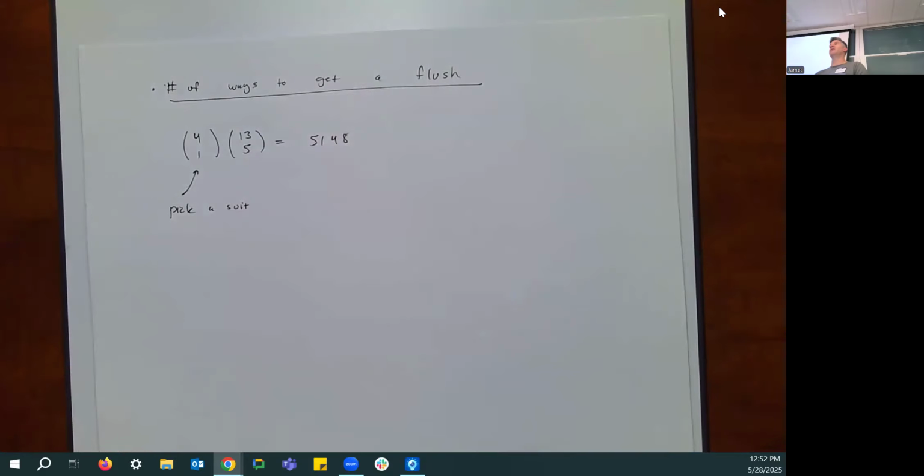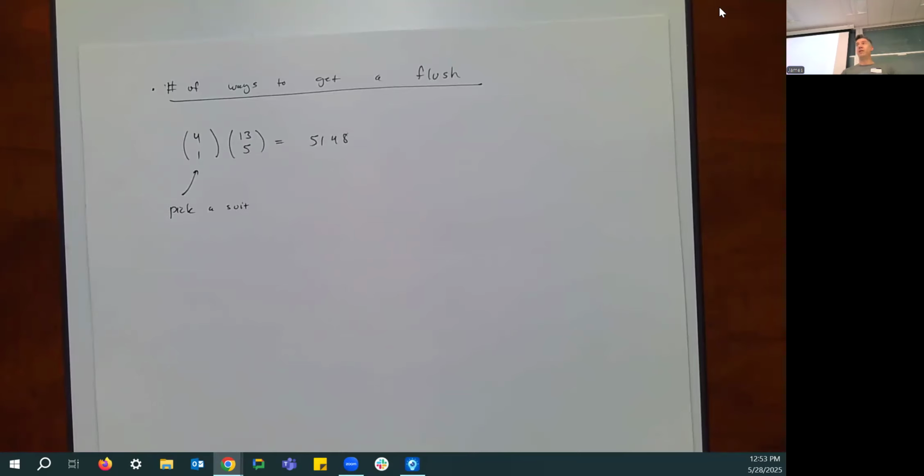The problem here is you've also picked all of the straight flushes in that suit, right? If you pick any five cards, let's say hearts, you could pick ace, two, three, four, five, or three, four, five, six, seven, or any five that are in a row. So we have to subtract off the number of straight flushes. How many straight flushes are there? There's less than you think. You could actually count it on your fingers right now.